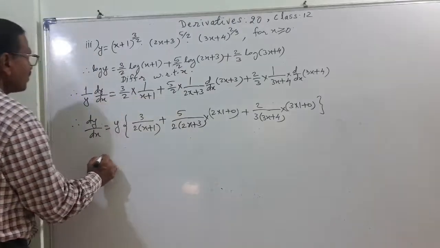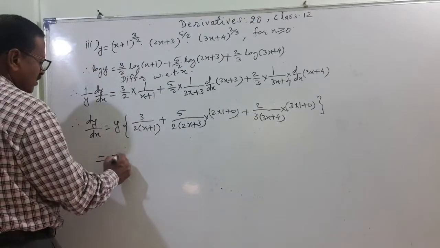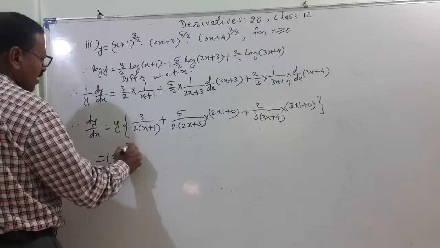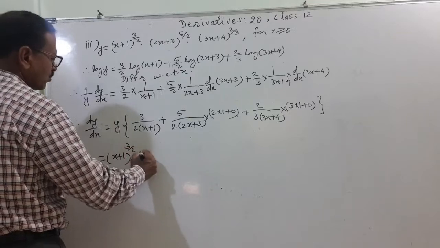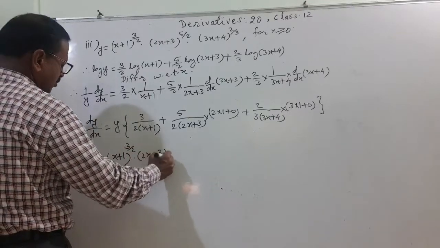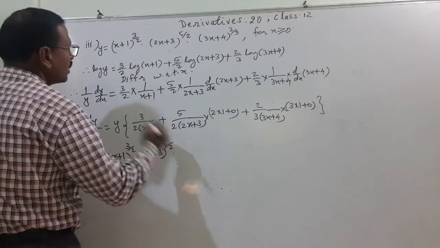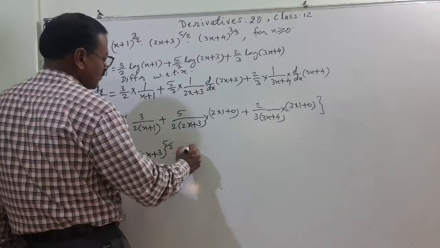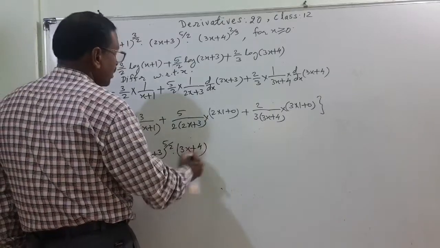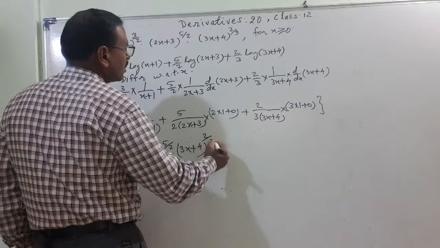That is equal to, what is mean by y? Y is x plus 1 raised to 3 by 2 into 2x plus 3 raised to 5 by 2 into 3x plus 4 raised to 2 by 3.